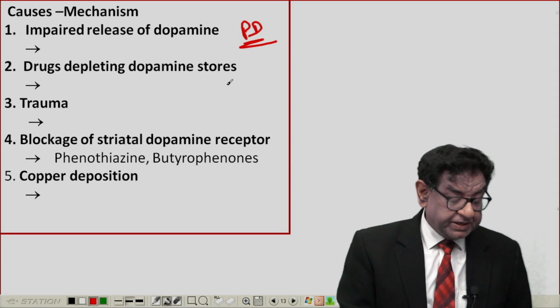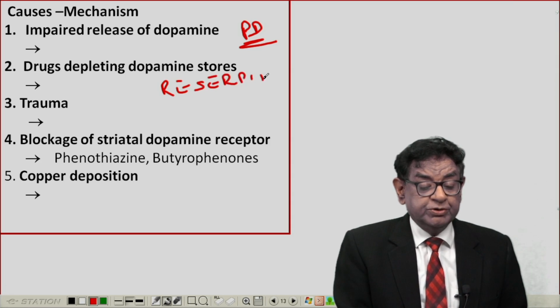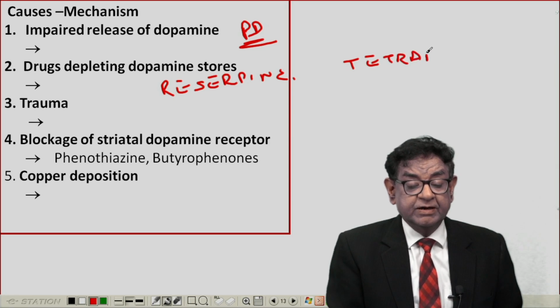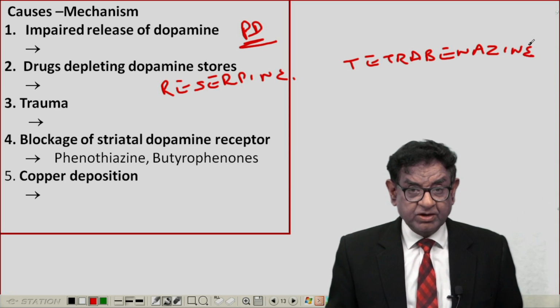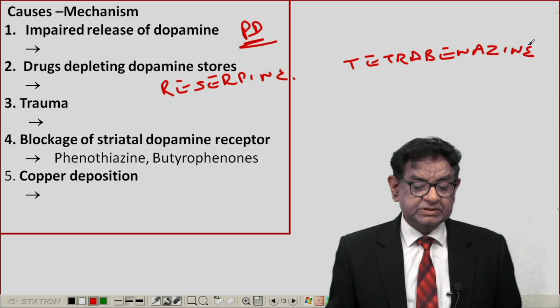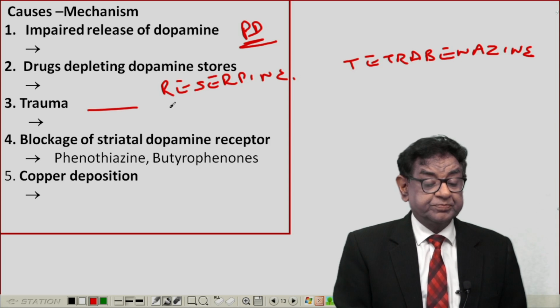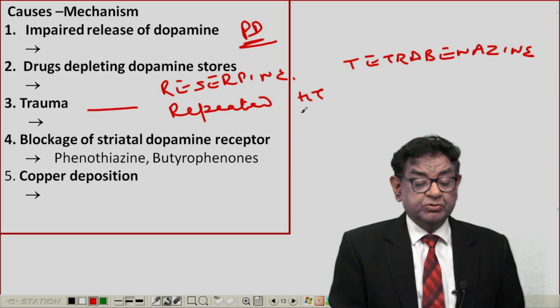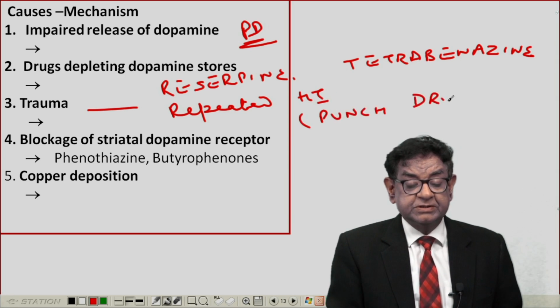So any drug like reserpine, although not used nowadays, tetrabenazine, these are the so-called dopamine depleting drugs, or any dopamine antagonist drug will produce this problem. Trauma, repeated head injury, and this is known as punch drunk disease.